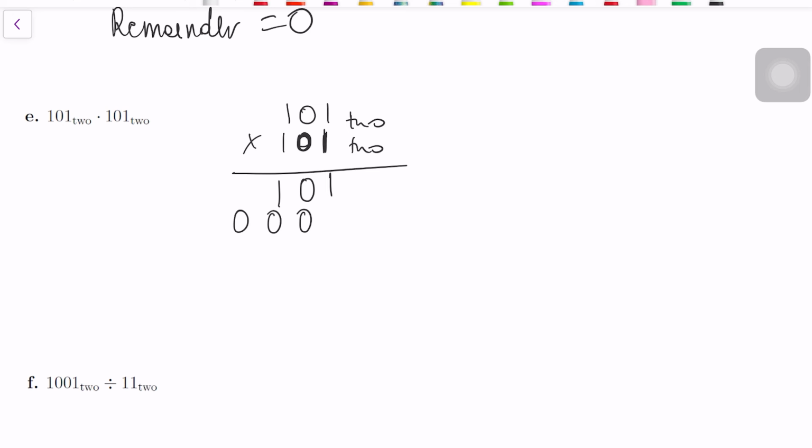And then I'm going to multiply by this one. Then again, moving 1 over is going to give me 1, 0, 1. So now I'm going to add. That's 1, that's 0. 1 plus 1 is 2, which means 0 units, 1, 2. 1 is carried over. I'm going to mark it in green. Then that's 1 and 1.